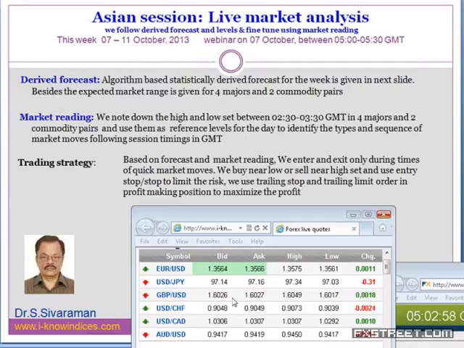But ultimately, we need to view what is the hidden agenda of the players and what they intend to do. Whether they have made the corrections in order to make a further rise or further drop, that is the basic question of any trader. So a trader needs to first understand the hidden agenda of the players in order to derive the expected market moves.